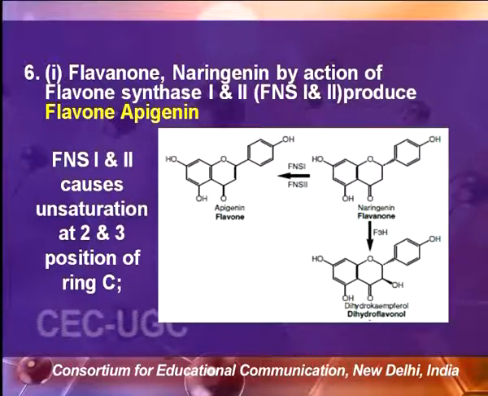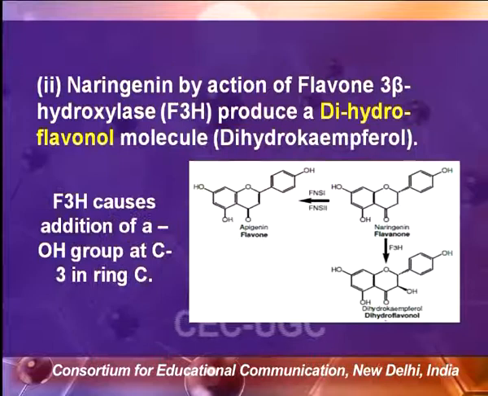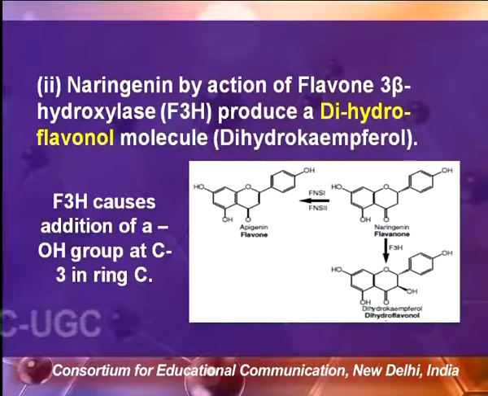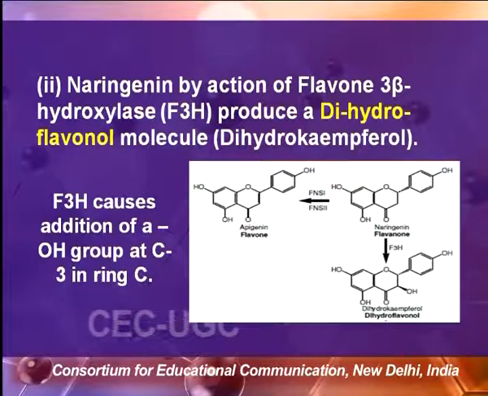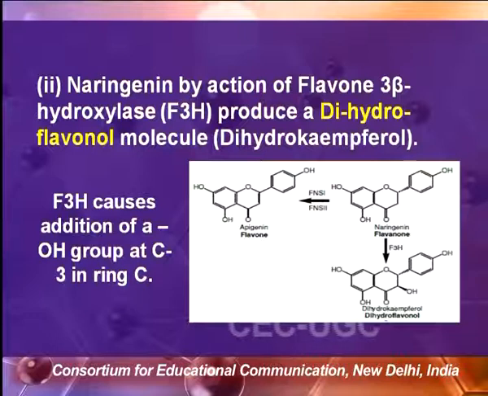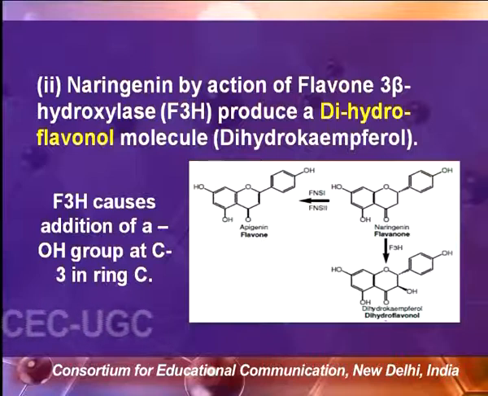On the other side of the pathway, naringenin is also acted upon by flavanone 3-beta hydroxylase, that is F3H enzyme, and it gets converted into a dihydroflavonol molecule, and here we have taken the example of dihydrokaempferol.